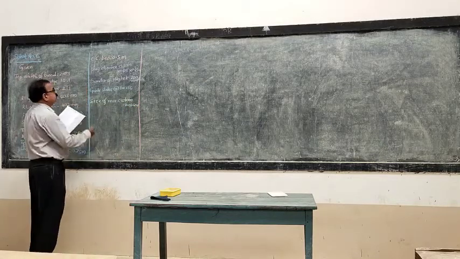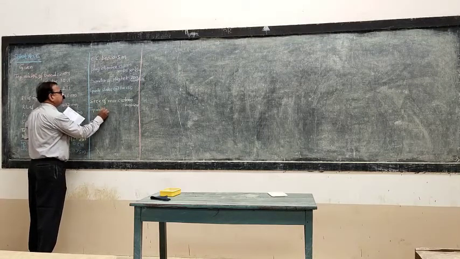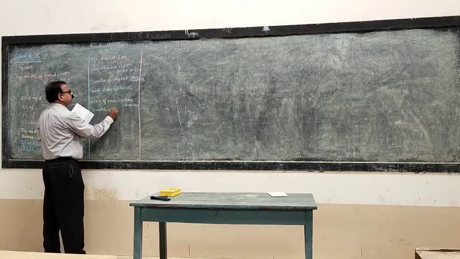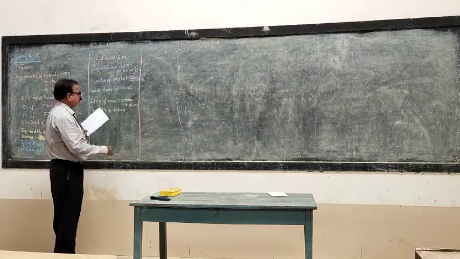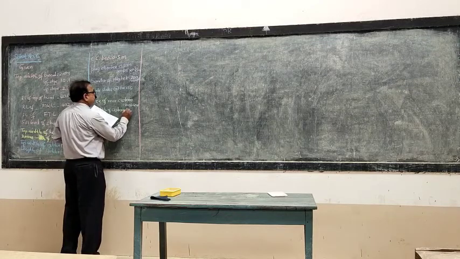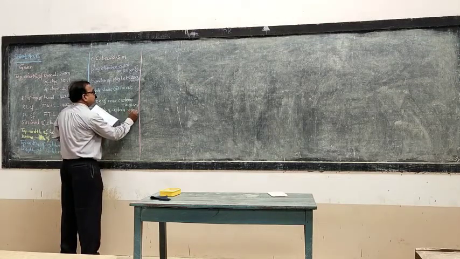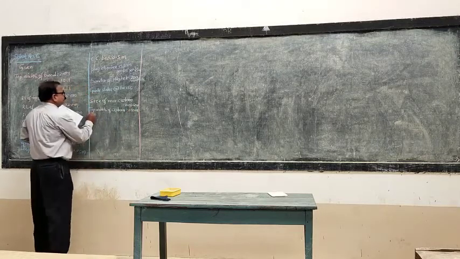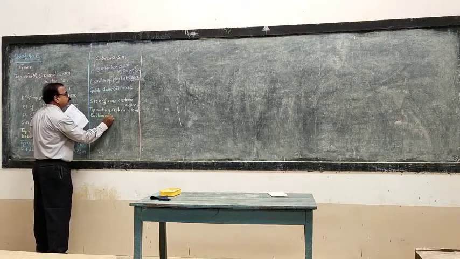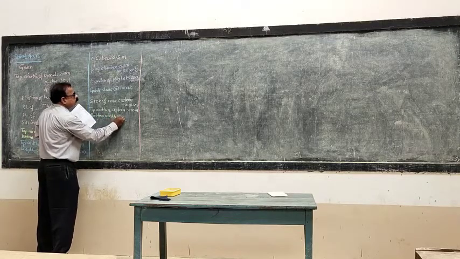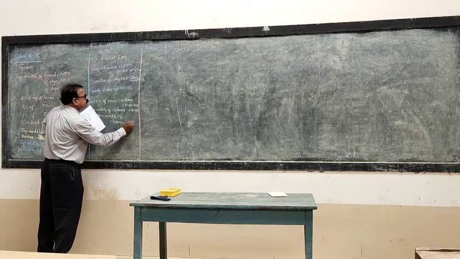Top width of cistern wall, which is coming exactly on the downstream side. They have given it as 0.5 meter. Bottom width of cistern they have given as 0.6 meter.